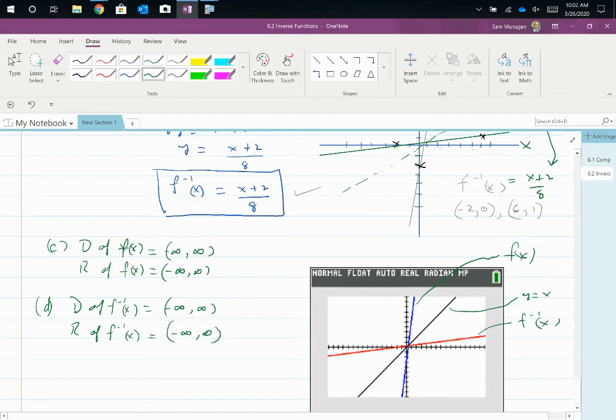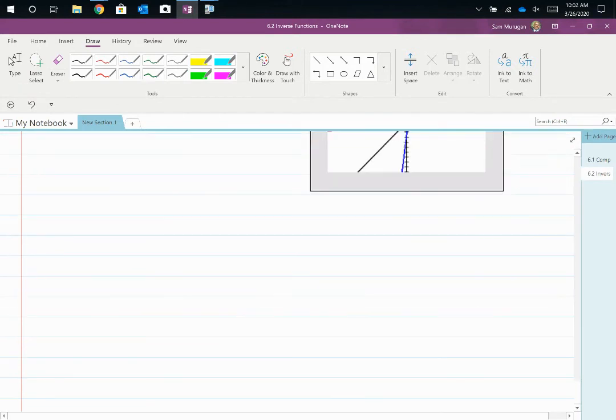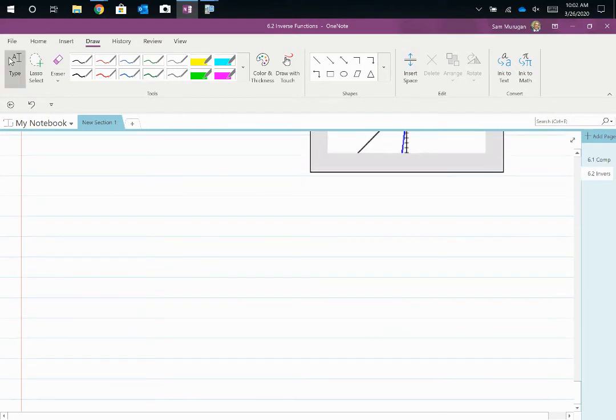This is going to change ever so slightly if we consider a couple of examples where the domains were different. Let's take an example here.